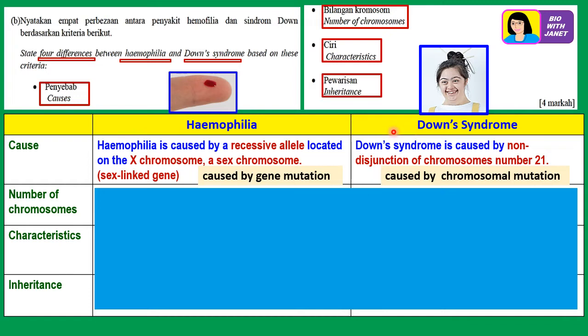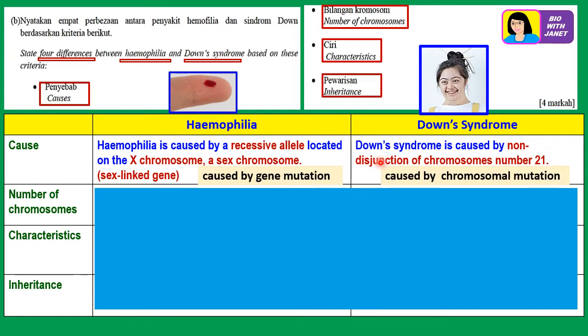The first aspect is the cause. Hemophilia is caused by a recessive allele located on the X chromosome, which is a sex chromosome. So it is caused by a sex-linked gene. But Down syndrome is not caused by a recessive allele.